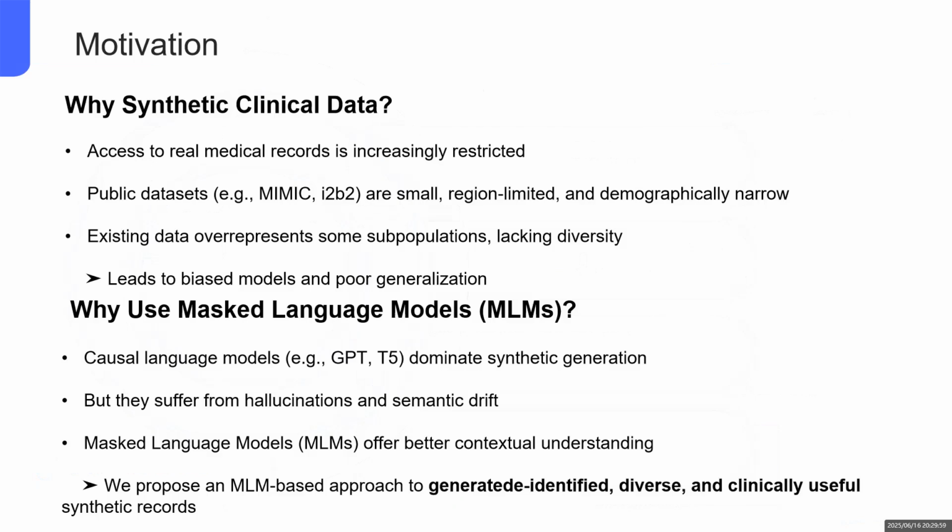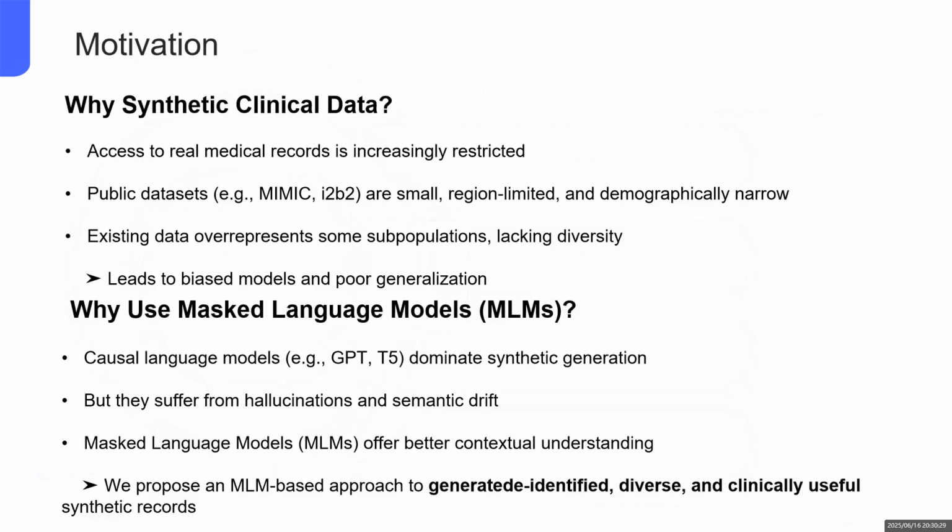Accessing real medical records is becoming increasingly difficult, which poses significant challenges for both clinical education and AI model development in healthcare. While some public datasets like MIMIC and I2B2 do provide de-identified records, they are typically limited to specific institutions or regions, small in scale, and often focused on narrow patient populations.